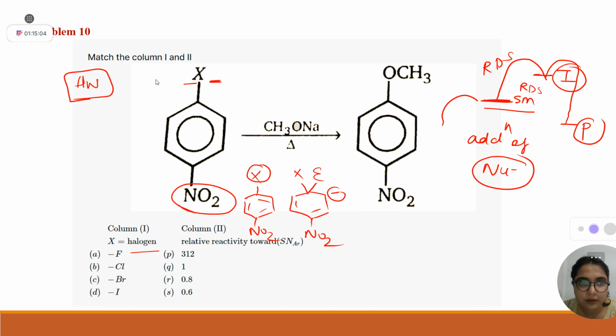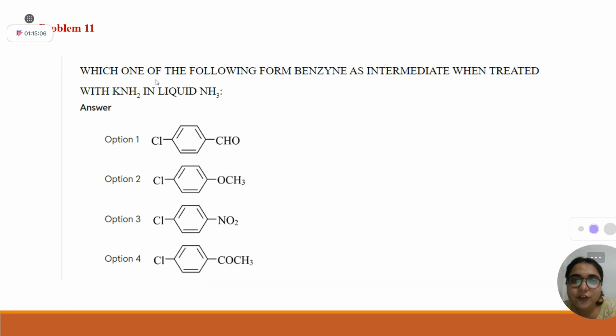Which one of the following forms benzyne as an intermediate when treated with KNH2 in liquid ammonia? KNH2 is potassium amide. Who will form the benzyne intermediate? Very easy question. Option second, ma'am. Option second.